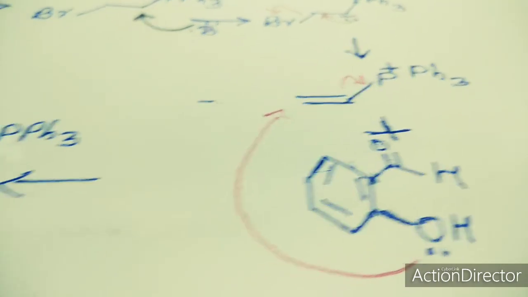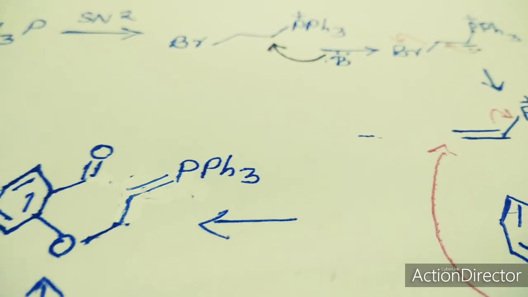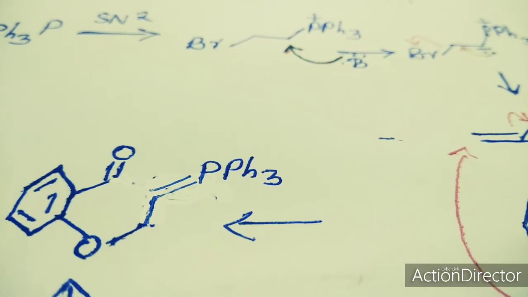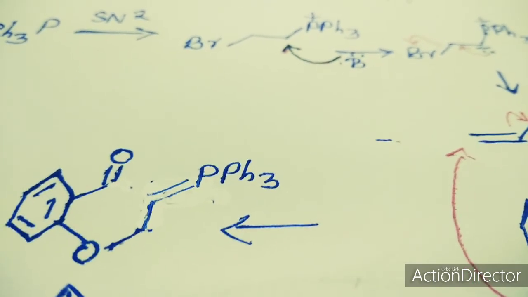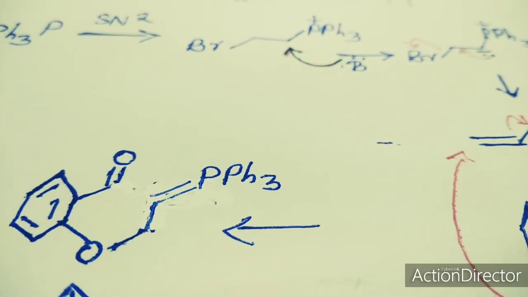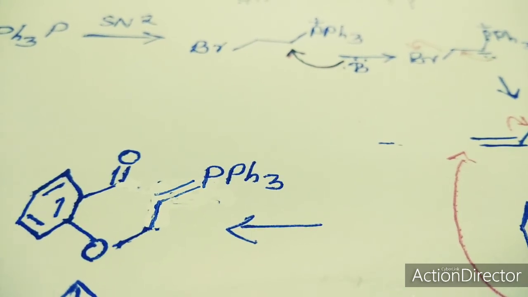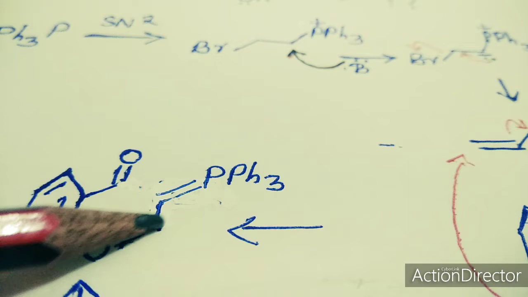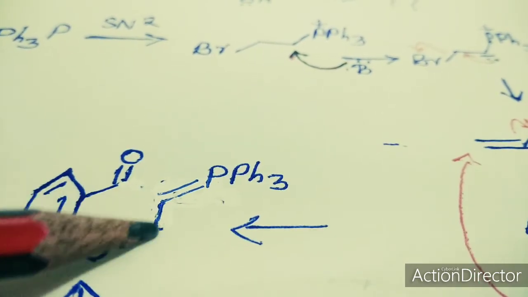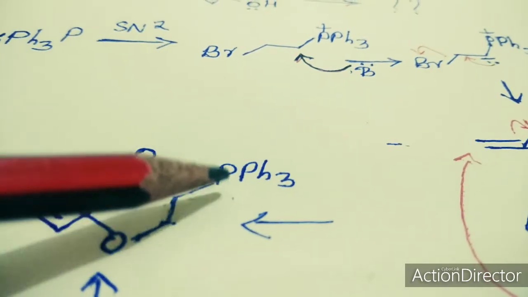So as a result of this, the type of bonding that will occur, because OH here has become O, H is left as H positive. If you remember, this was earlier a double bond, and now this has become a single bond because oxygen has given the lone pair here, and the double bond is shifted here.